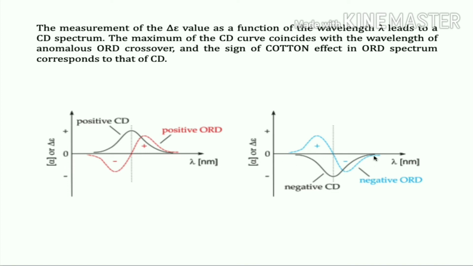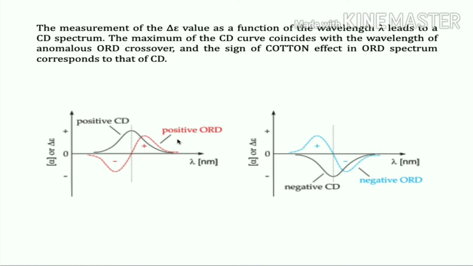At the same time, if we are getting a negative Cotton effect, that is a trough followed by a peak, the sign given for this circular dichroism is negative. So there is a relation between ORD and CD.